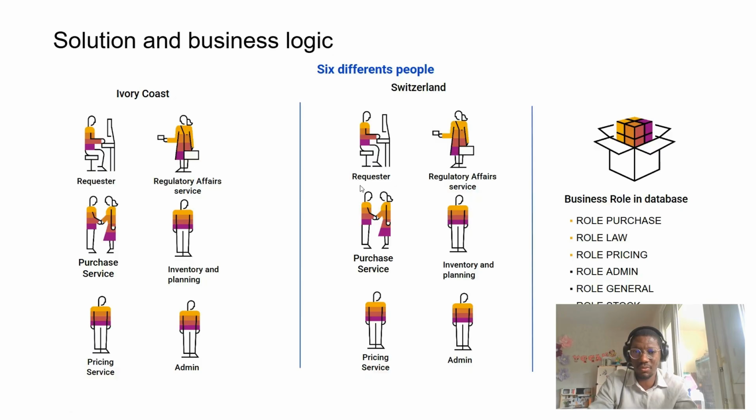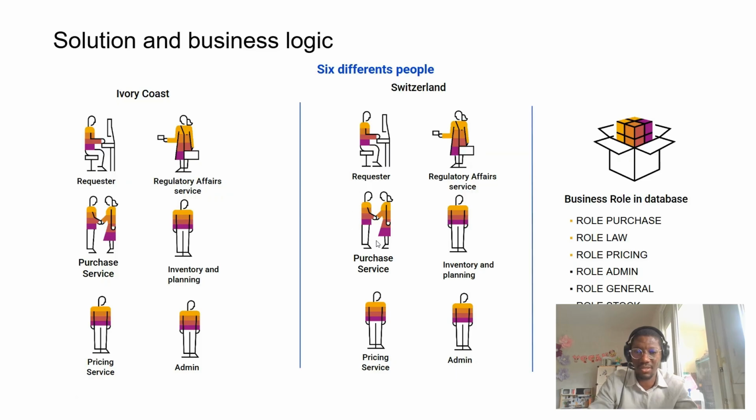In Switzerland also, there will be a requester, a regulatory affairs service, a purchase service, inventory planning, pricing service, and admin. A request made in Ivory Coast can only be approved by one of the services there, not in Switzerland. A request made by this requester can only be approved by purchase service, pricing service, admin, inventory planning, and regulatory affairs service here, not in Switzerland.